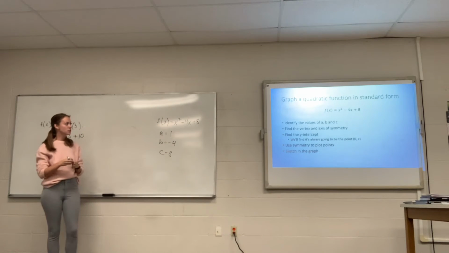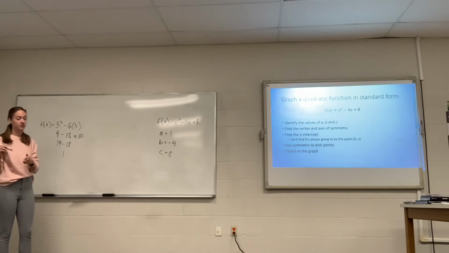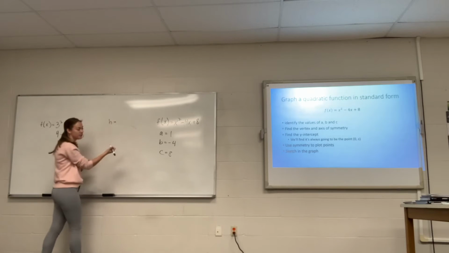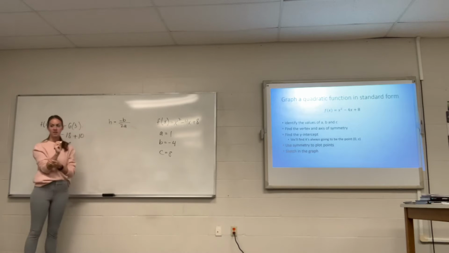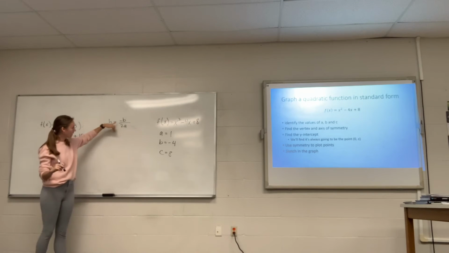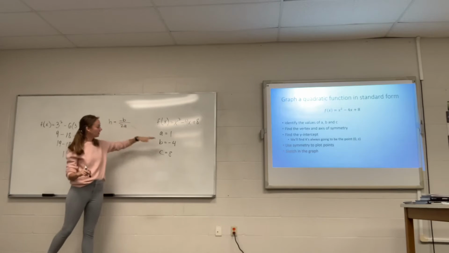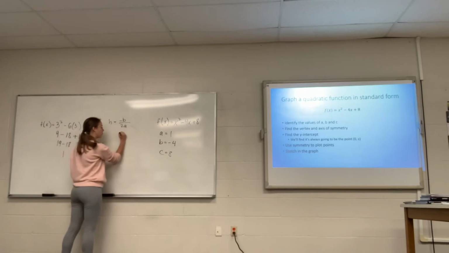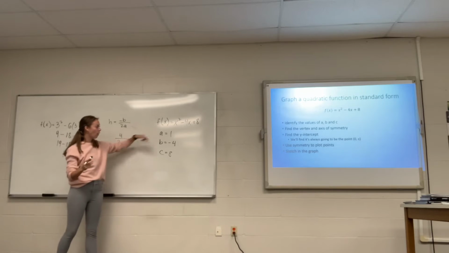Okay, so then it says we need to find our vertex. Since we know a, b, and c, we can go ahead and find it. If I use my equation, h is equal to negative b over 2a, this is going to give me the x coordinate of my vertex. So I can plug in: negative b is negative 4, which is going to be positive 4, over 2 times my a value of 1.